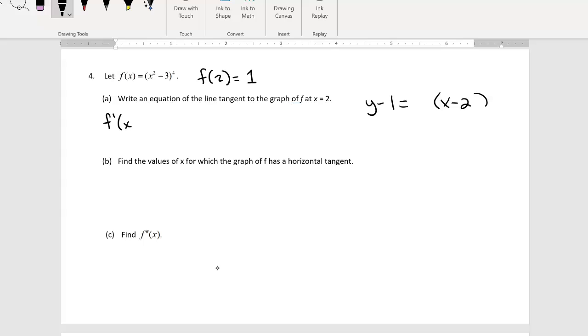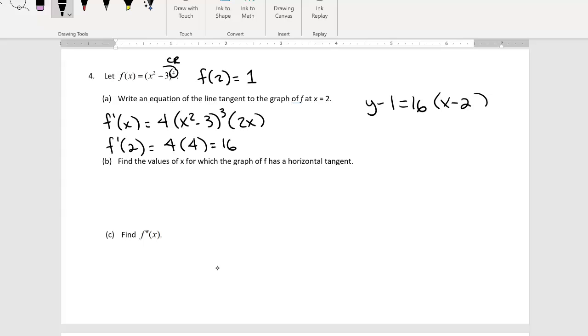Let's take the derivative. We need chain rule here, so 4 times the quantity x squared minus 3 cubed times 2x. There's our chain rule. f prime of 2 is 4 times 1 times 4, which is 16. Plop it in there, and we're good to go to the next problem.